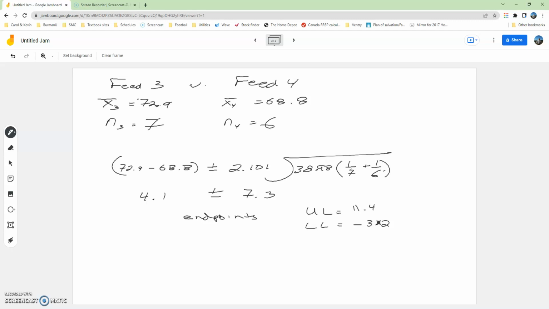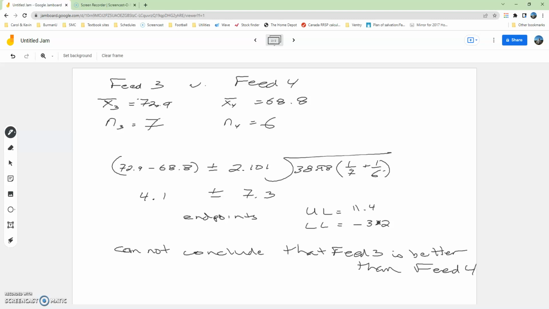Because one of the limits is negative and one is positive, they have opposite signs, we cannot conclude that feed 3 is better than feed 4. There's no statistical difference between feed 3 and feed 4.